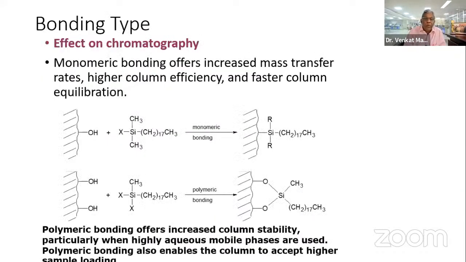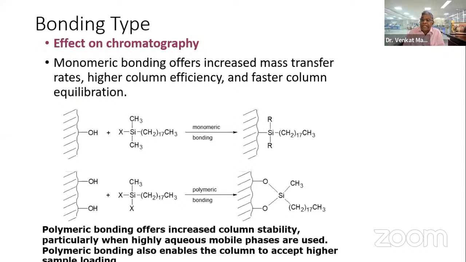Now, monomeric bonding offers increased mass transfer with higher column efficiency. Whereas in the case of a polymeric column, the bonding offers increased column stability, particularly when highly aqueous mobile phases are used. Polymeric bonding also enables the column to accept higher sample loading.